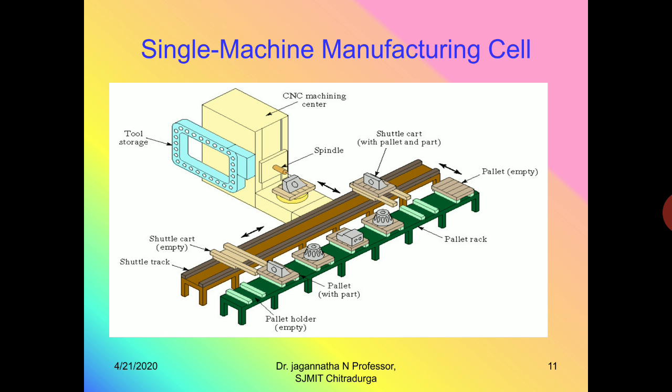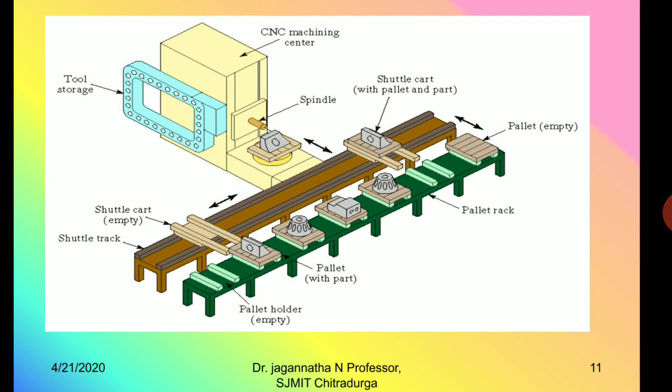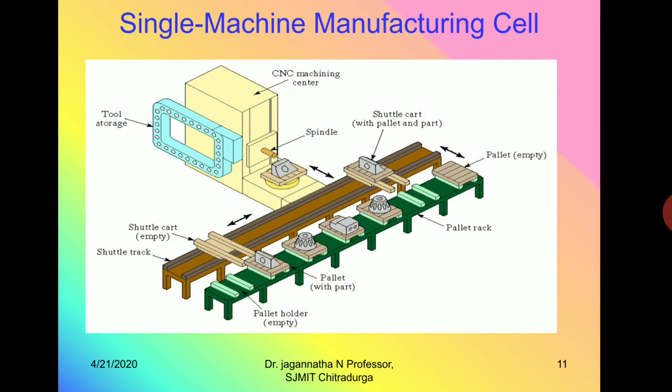Let us consider the single machine manufacturing cell, a flexible manufacturing system. Here, the workpiece flows from one side to another, and wherever required, it moves in front of the machine, and after the process is completed, it moves onto another ladder. This is one single machine cell. It consists of only one workstation, and a systematic flow of the material handling system takes place using pallets in vertical and horizontal directions.